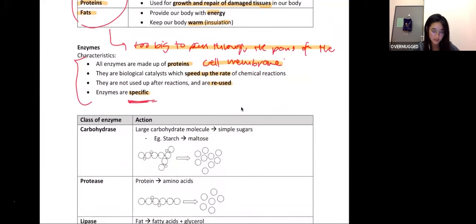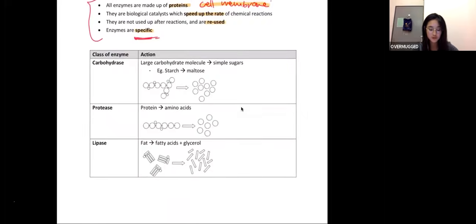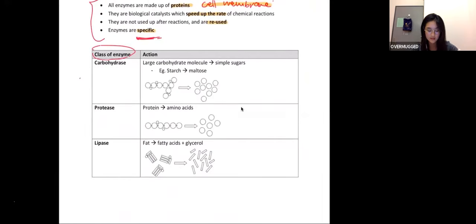For example, we have 3 classes of enzymes for 3 types of nutrients: carbs, proteins, and fats. We have carbohydrases, proteases, and lipases. Each of these classes of enzymes will digest one type of nutrient.